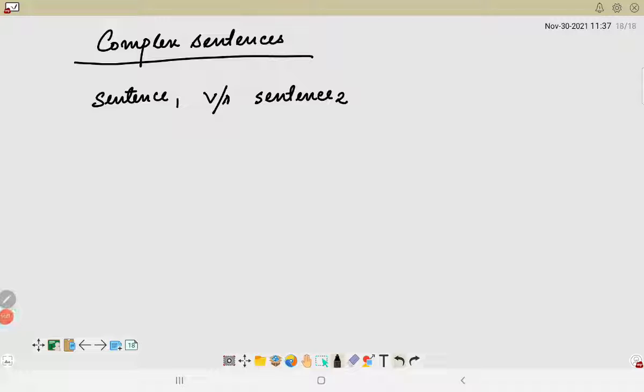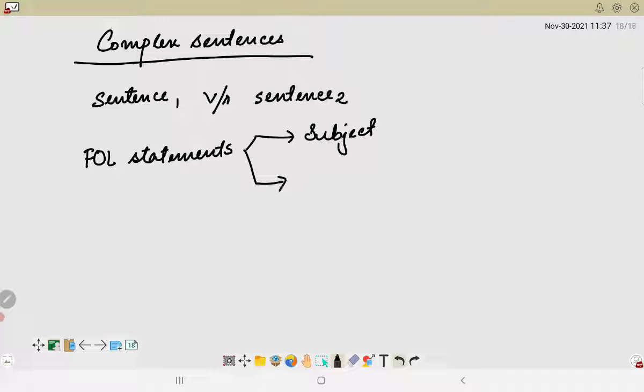Now here the first order logic statements or the predicate logic statements can be divided into two parts. So we have FOL statements, that means the complex statements. These statements we have to divide into two parts, one being the subject and the second one being the predicate.